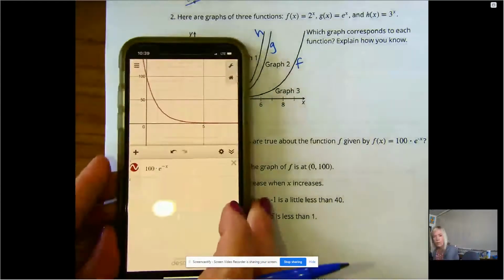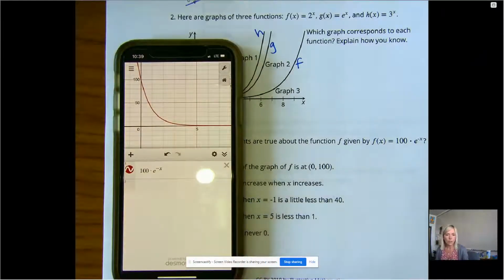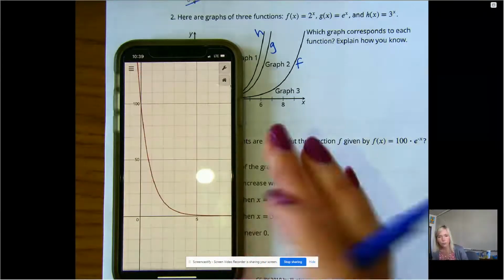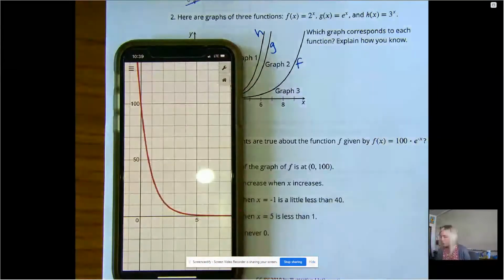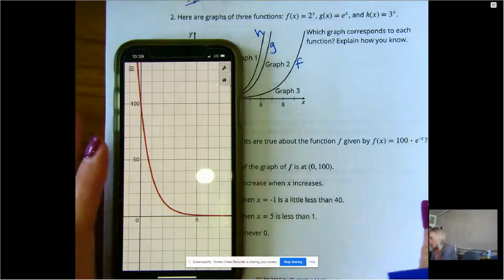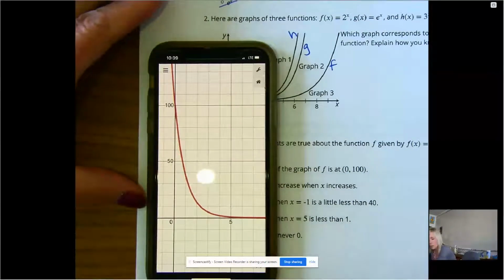So to graph this in Desmos, you just type the letter e here, and it already knows what I'm talking about. It knows that I'm talking about the natural base. And so this is what the graph looks like. Let me make it a little bit bigger. Okay, so let's determine using this graph of the function given which of those statements are true.